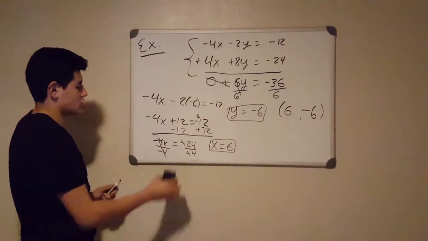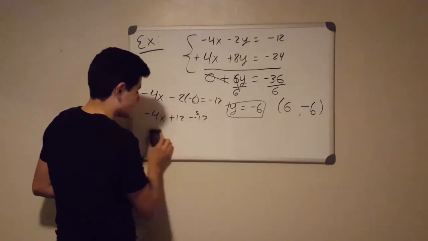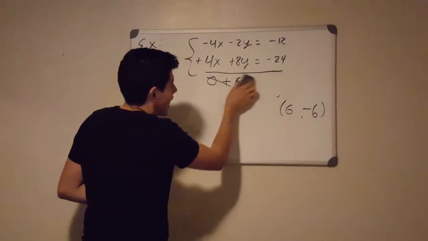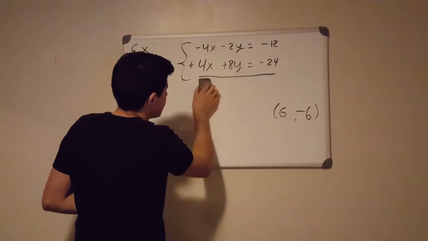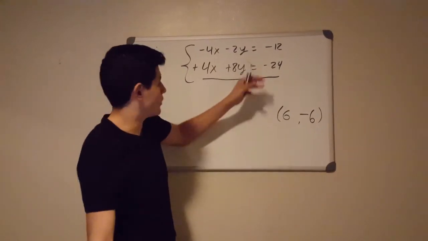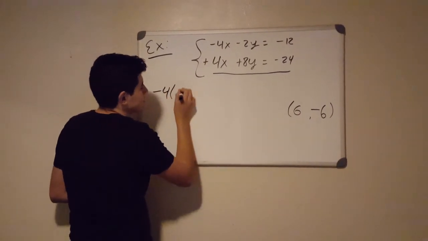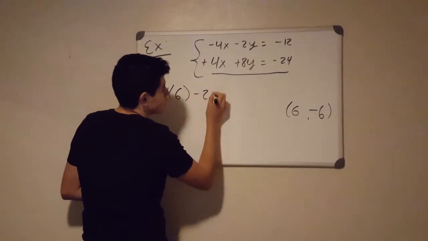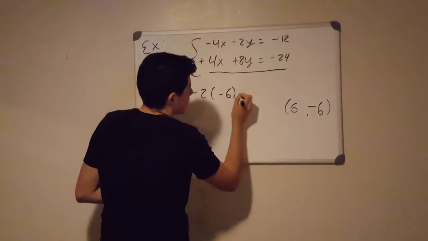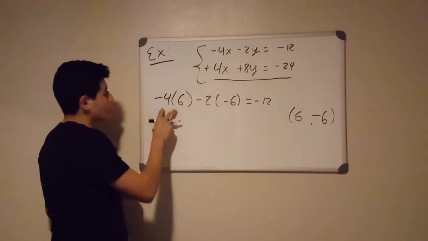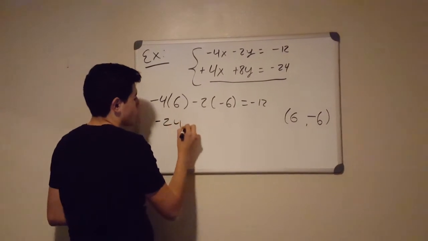I'll plug it in just to fact check it, just to make sure we're right. The way that we check these is by plugging the point into both equations. So we'll check the first one. Negative 4, x is 6, minus 2, y is negative 6, is equal to negative 12. Negative 4 times positive 6 is negative 24.